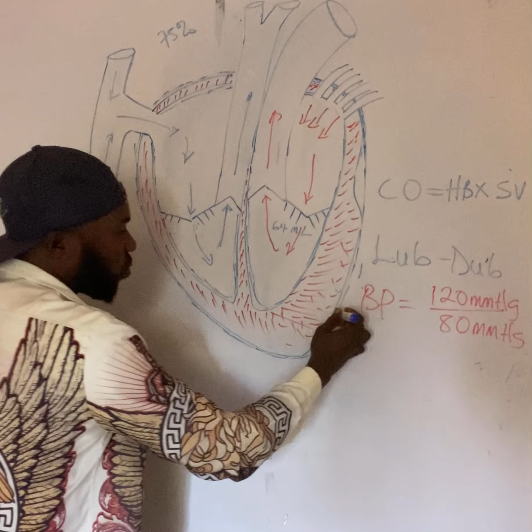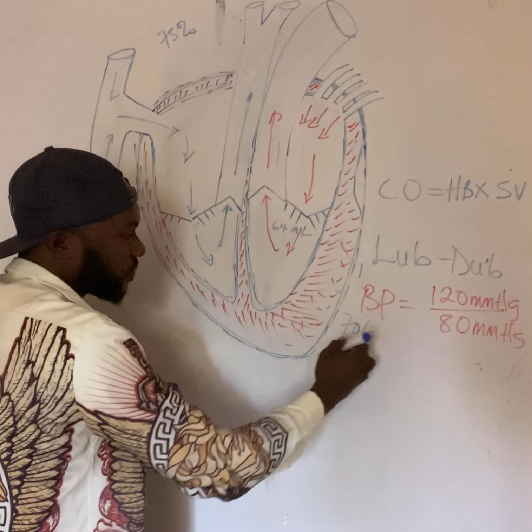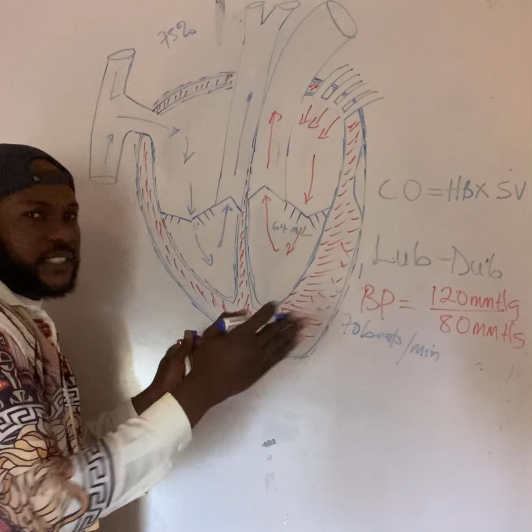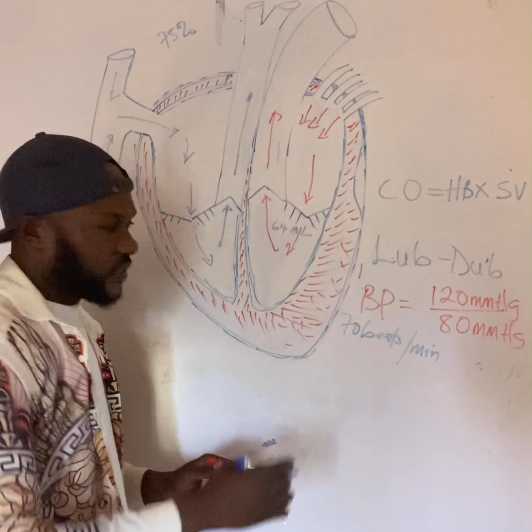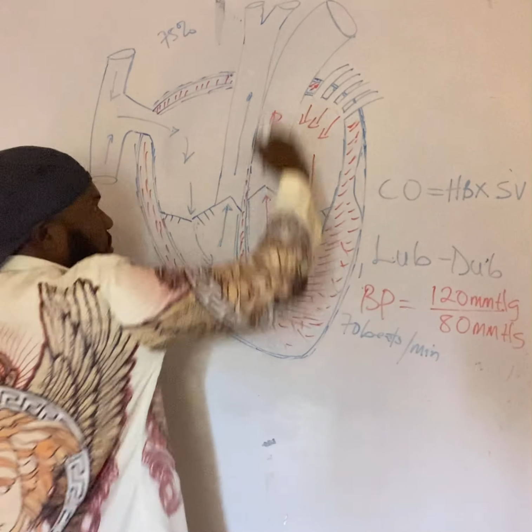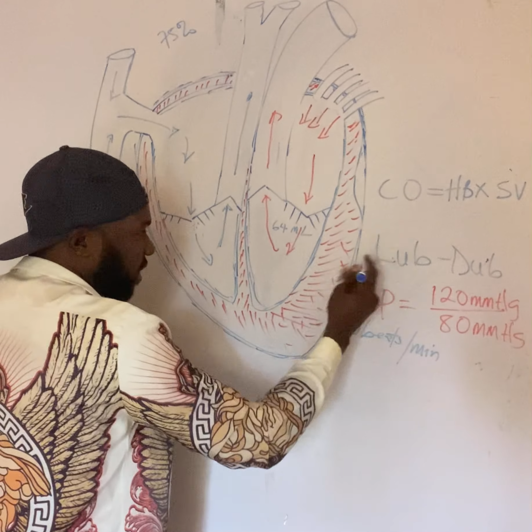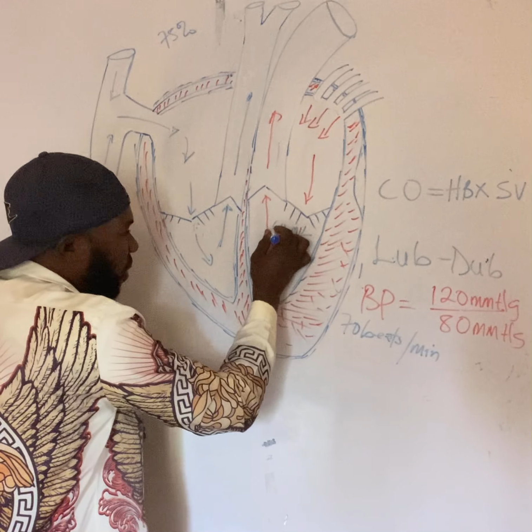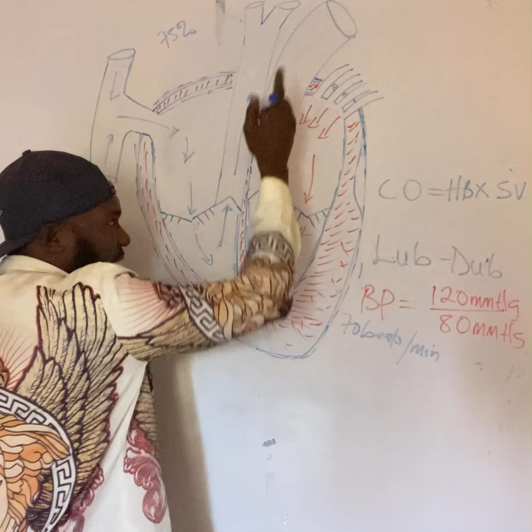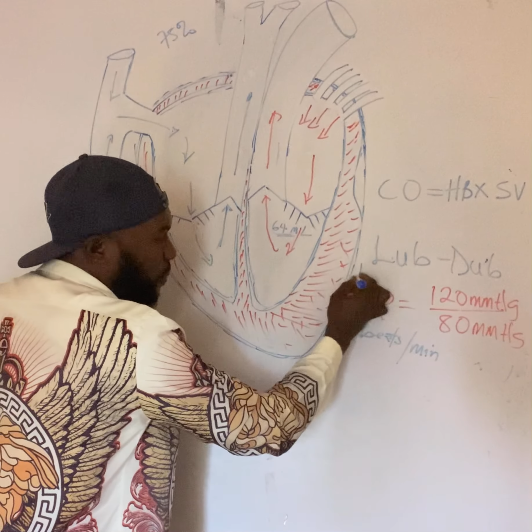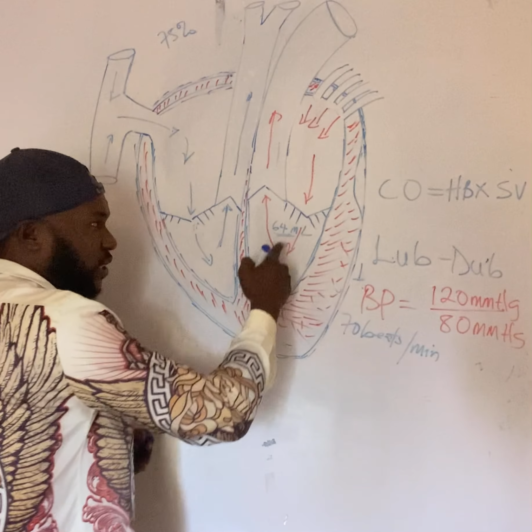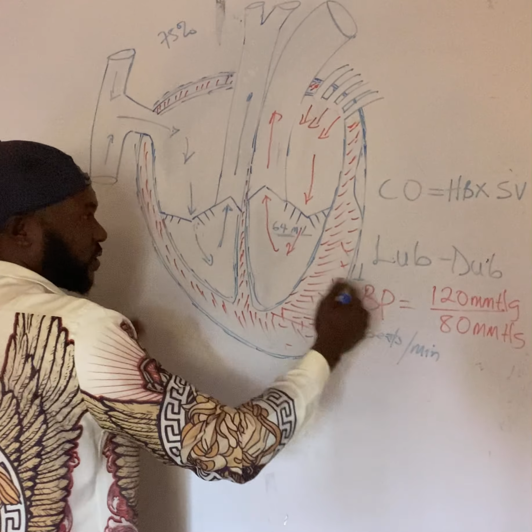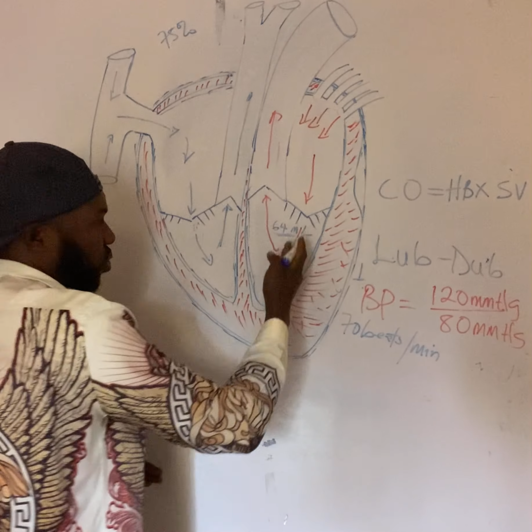Then in 70 beats per minute, if you have 70 beats per minute, what is the amount of blood that will leave here? Remember that one beat makes 64 milliliter leave. So this one volume leaving out of the heart due to this one beat is called stroke volume. One beat, the volume that goes out is called stroke volume.